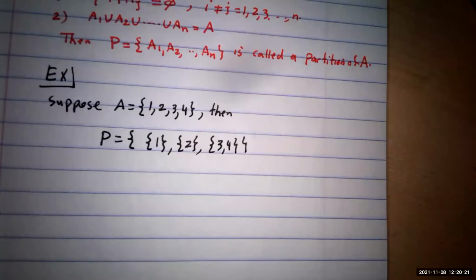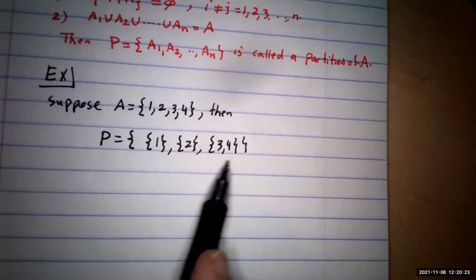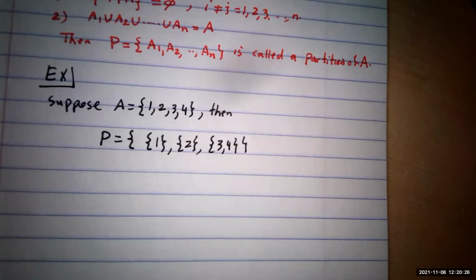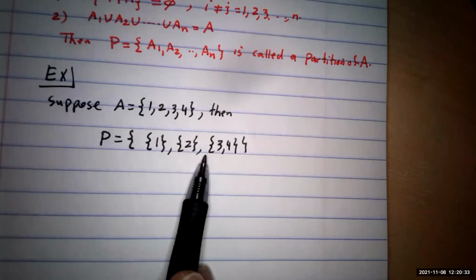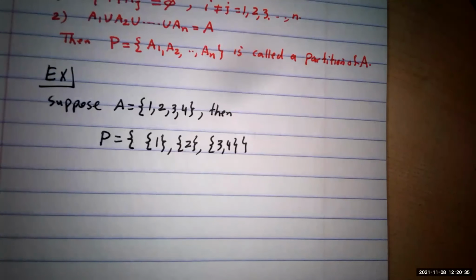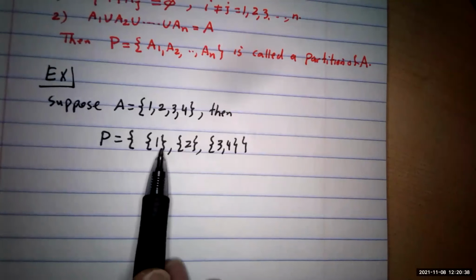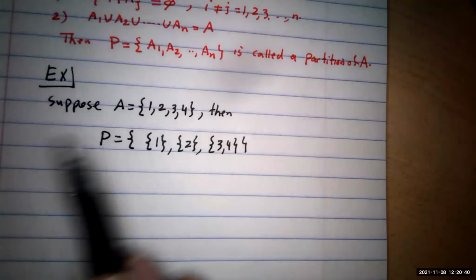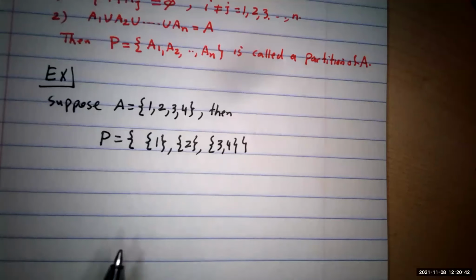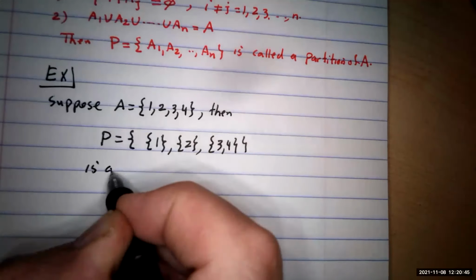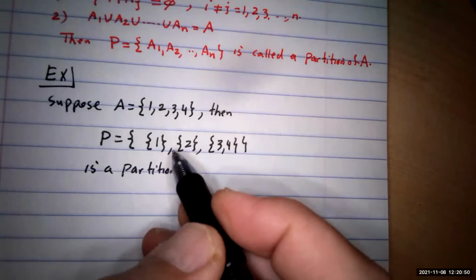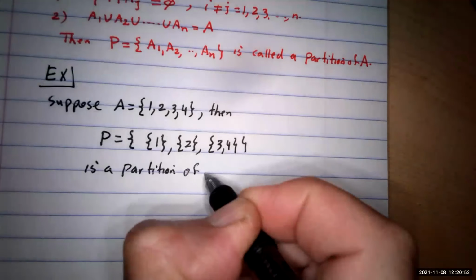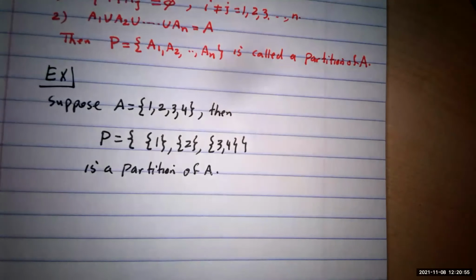You see, the members of the sets are non-empty. They don't have any 2 by 2 intersection. If you find the intersection of any two of these sets, the result is going to be the empty set. If you put them all together, you get 1, 2, 3, 4, the union of all of them. So this is going to be a partition of A. Okay, any question?